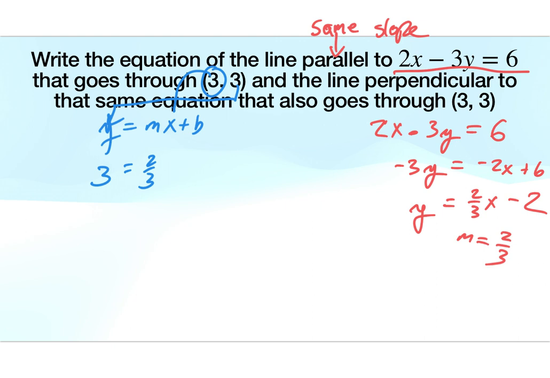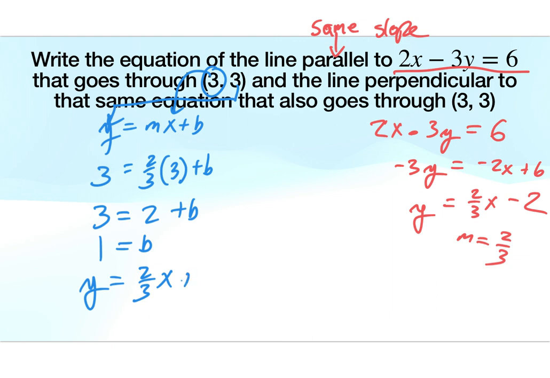This is the x, and I don't yet know b. 3 equals 2 plus b, minus 2, b equals 1. So my equation will be y equals 2/3 x plus 1, because that's what I just solved for. So that is the equation of the line parallel to this line that goes through this point.